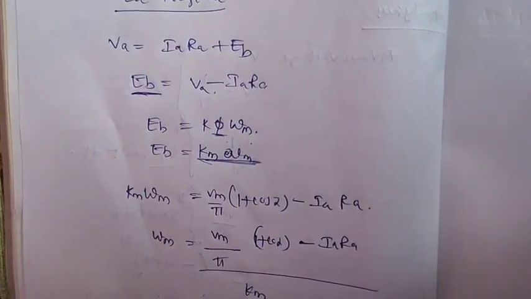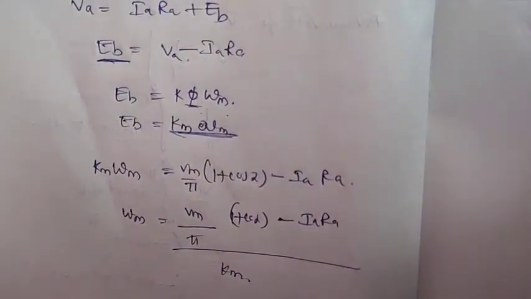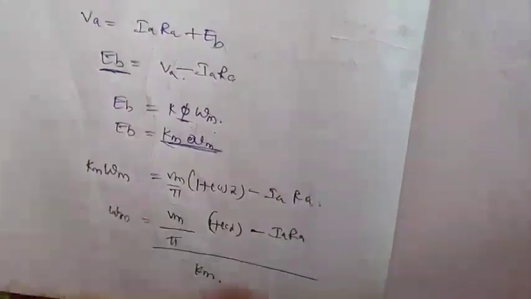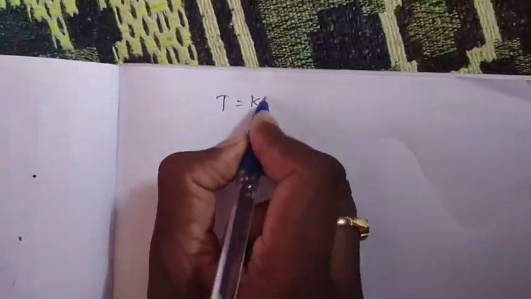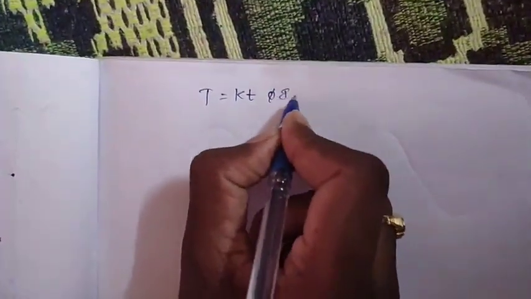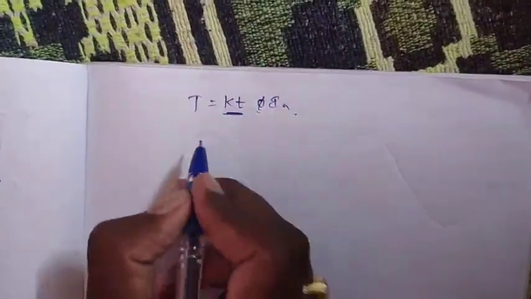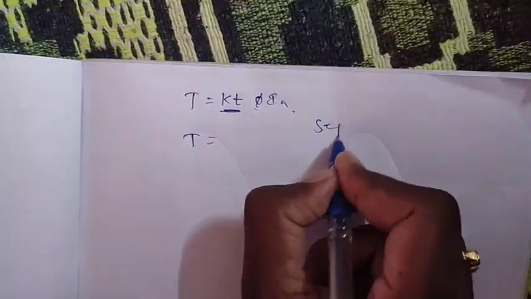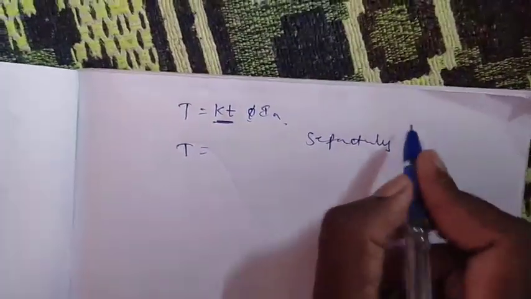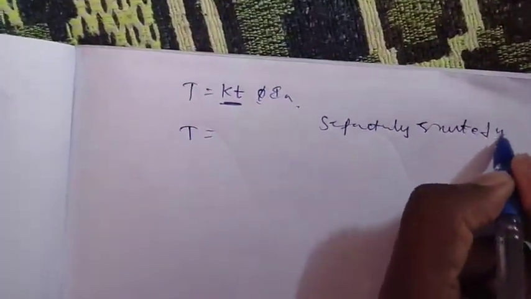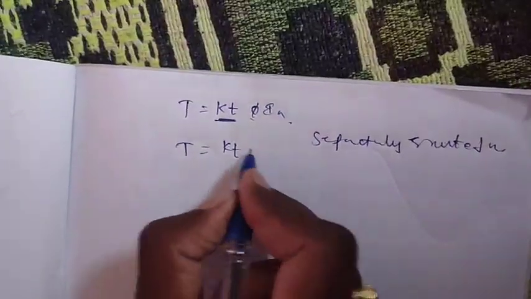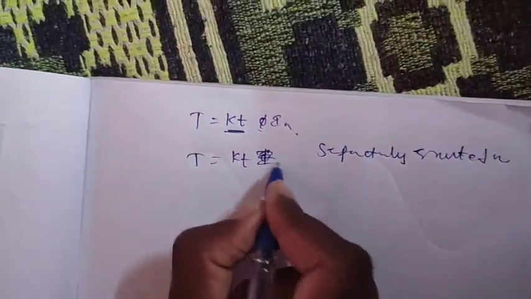Similarly for torque, the torque is directly proportional to Kt times phi times Ia, a motor constant. Here also phi is constant for a separately excited motor, so we can replace it with Kt times armature current Ia.